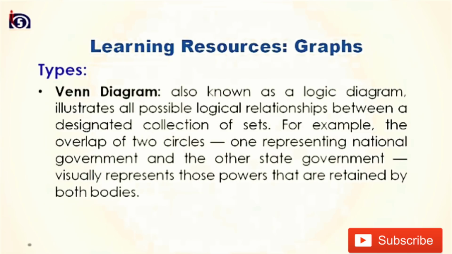Now look at your screen. We are also having Venn diagrams. Venn diagrams, also known as logic diagrams, illustrate all possible logical relationships within a designated collection of sets. For example, the overlap of two circles, one representing national government and the other representing state government, visually represents the powers that are retained by both bodies.